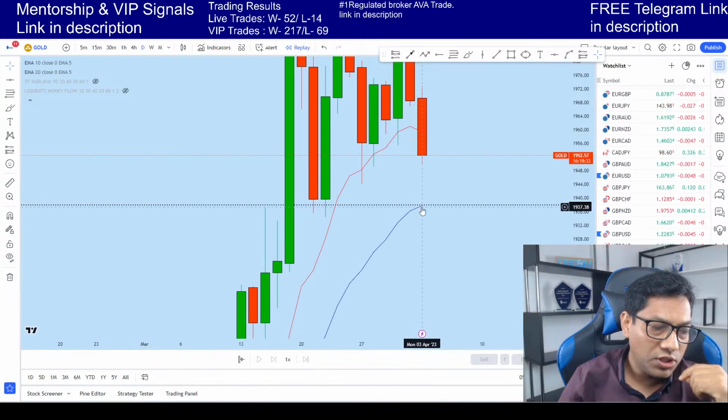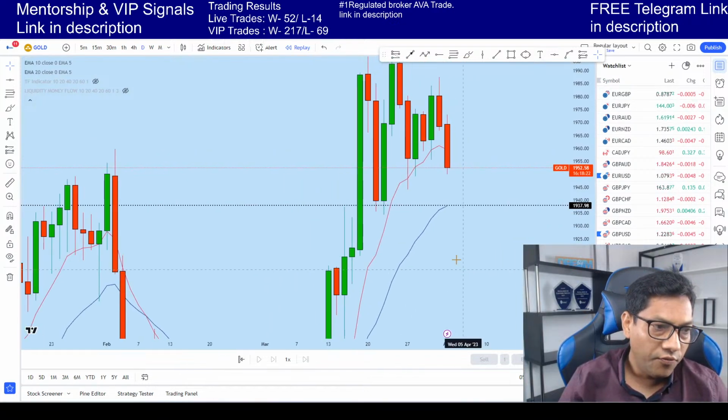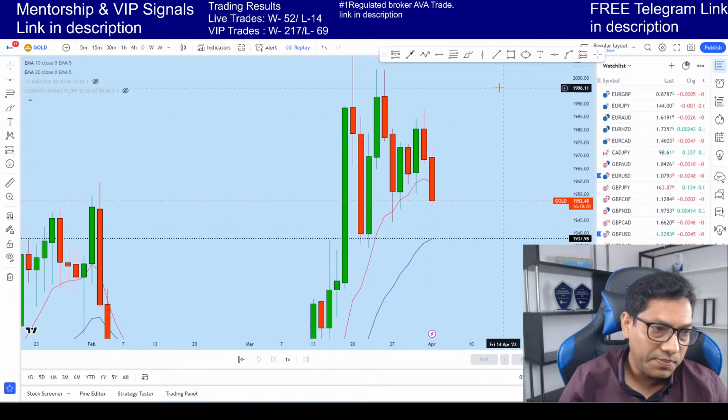Now, this daily 20 EMA is a high liquidity zone, and this is the feasting area where you will have a good opportunity for long-term trading to the upside from the daily 20 EMA. But in the meantime, we have a very high probability now for price to drop to the daily 20 EMA.